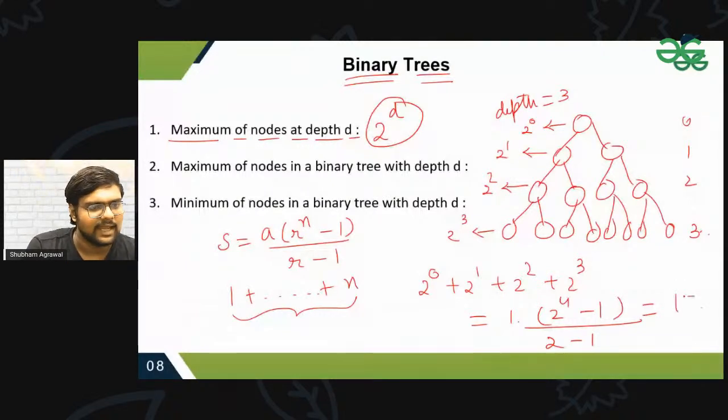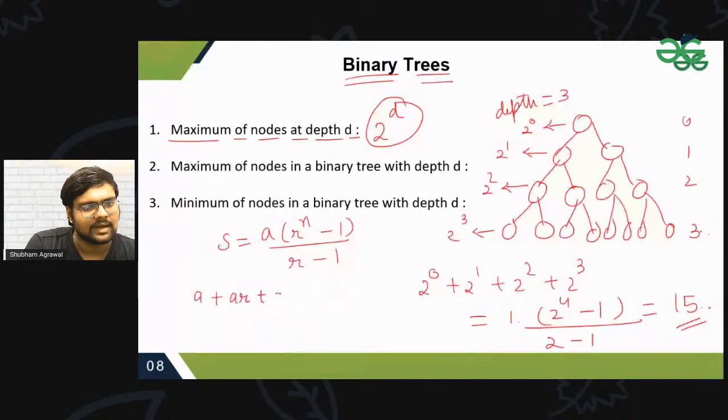If we have a GP something like this, a plus a r plus a r square plus up to a r to the power n minus 1, the sum of this would be this.